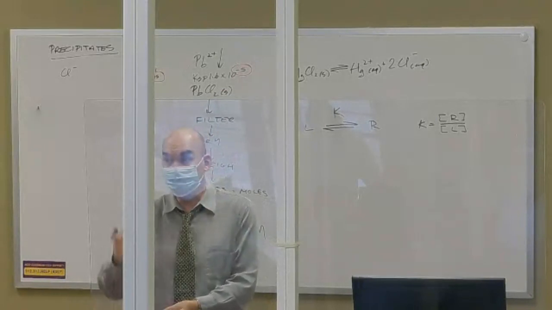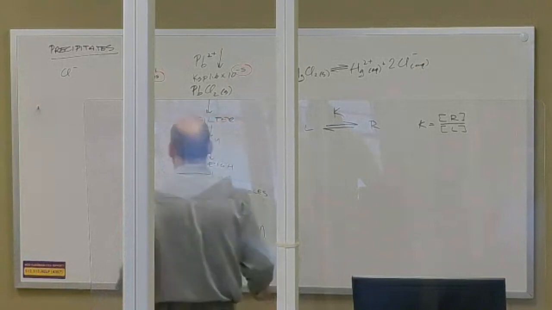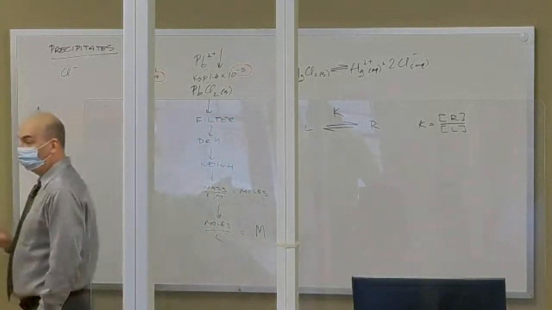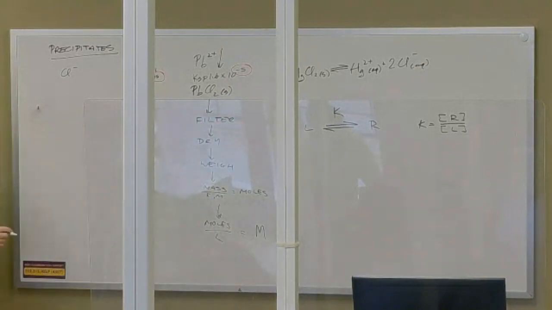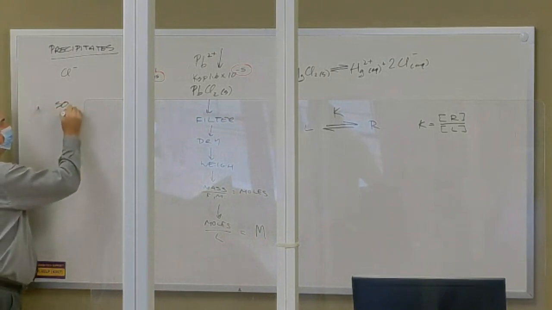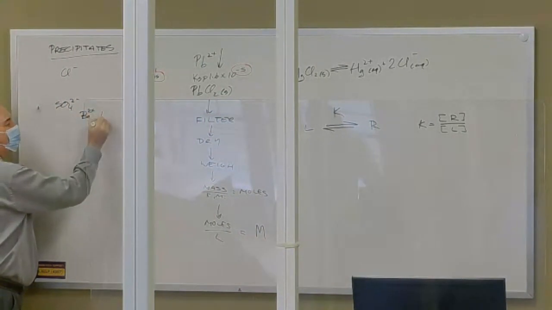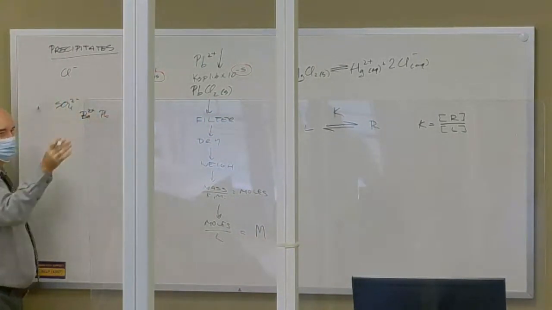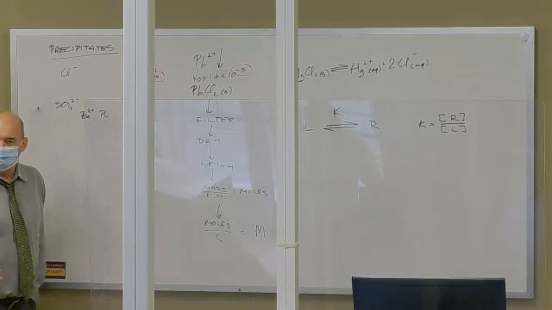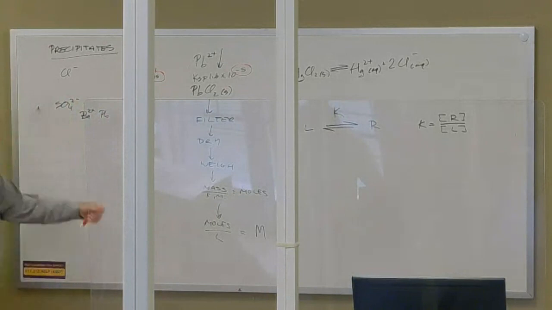Okay? The other thing that we learned from general chemistry is that most sulfates are soluble, except for barium and lead and so on. Okay. What were we told was mostly insoluble?